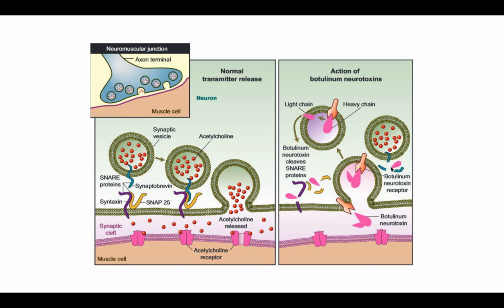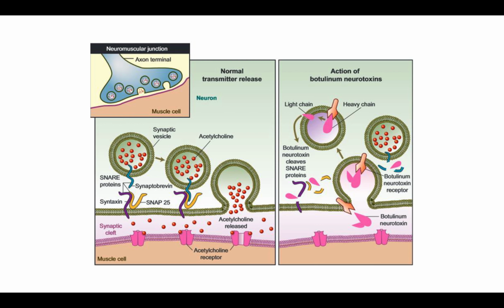So once synaptobrevin is cleaved, all you have is acetylcholine in these vesicles. Once these complexes are cleaved and they cannot bind, exocytosis of the acetylcholine cannot happen. So acetylcholine is not going to go into the synaptic cleft, and as a result, it's not going to bind to the acetylcholine receptors on the muscle cell.